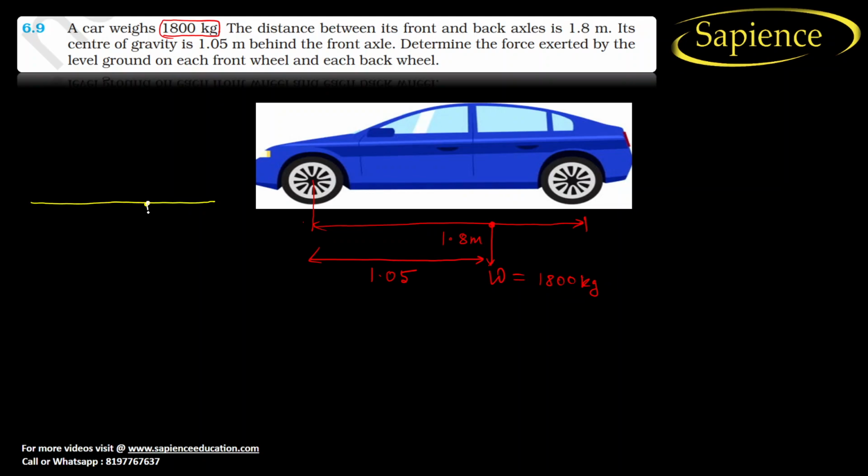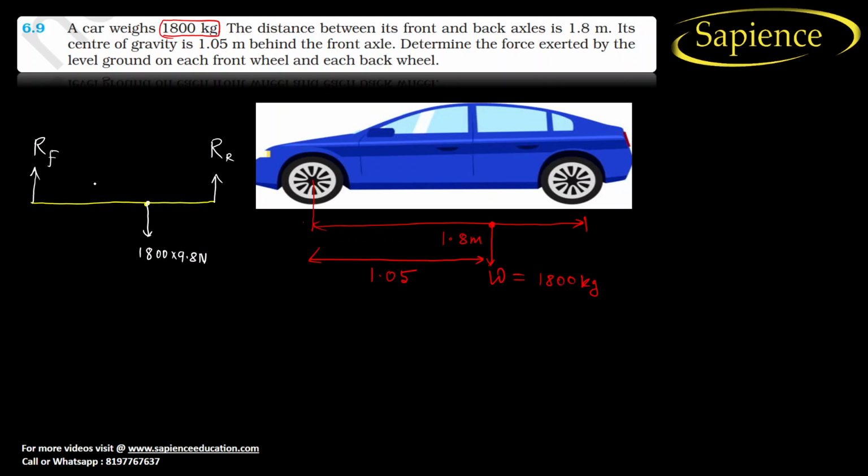The weight is acting here, 1800 into 9.8 Newton, in the downward direction. And as we know that there are two wheels, so there will be reaction forces. Let us consider the reaction force at the front wheel is Rf, and the reaction force at the back wheel is Rr, that is rear wheel.